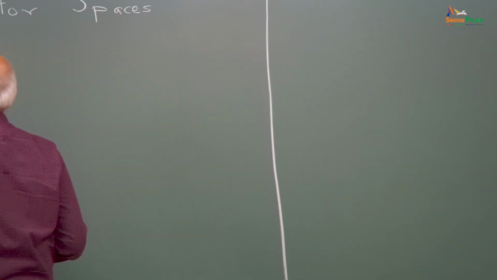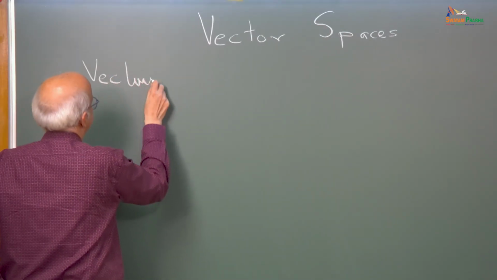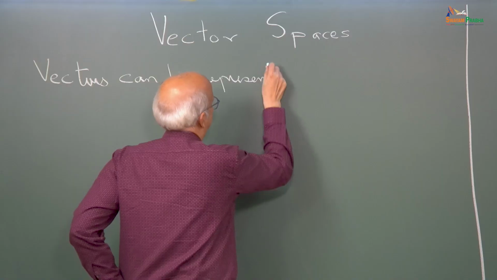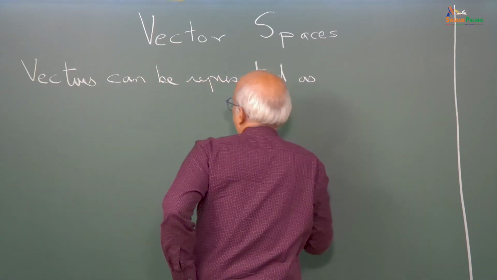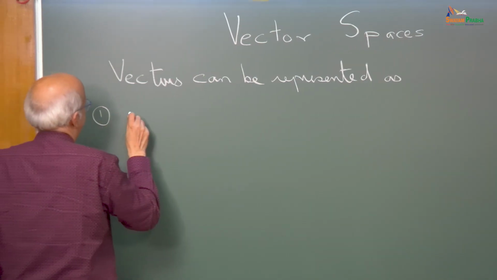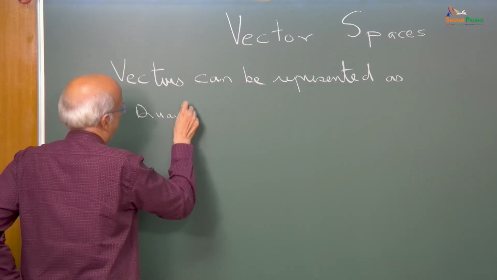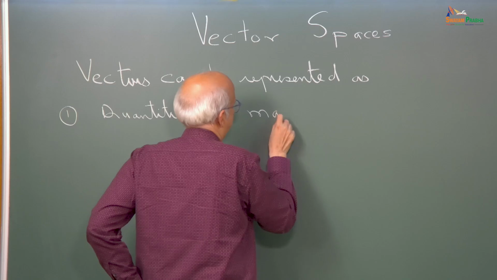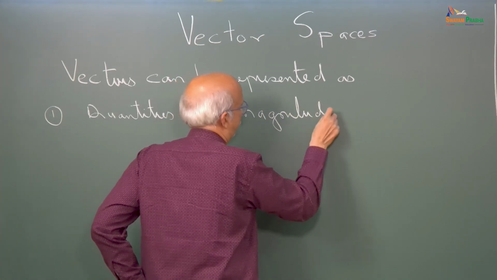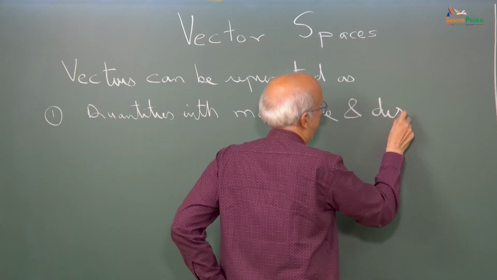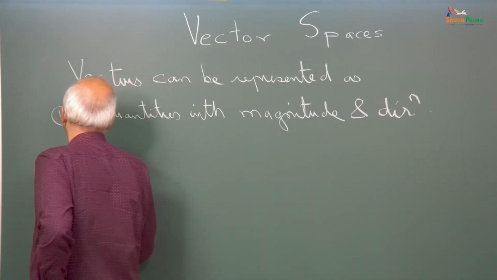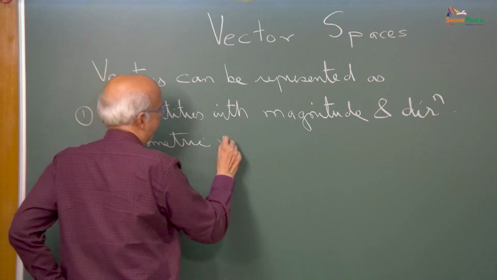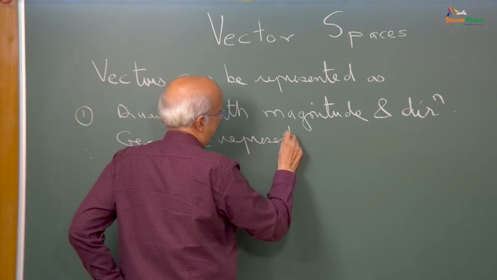So, basically what I am saying is vectors can be represented as quantities with magnitude and direction, and this is what I call a geometric representation.